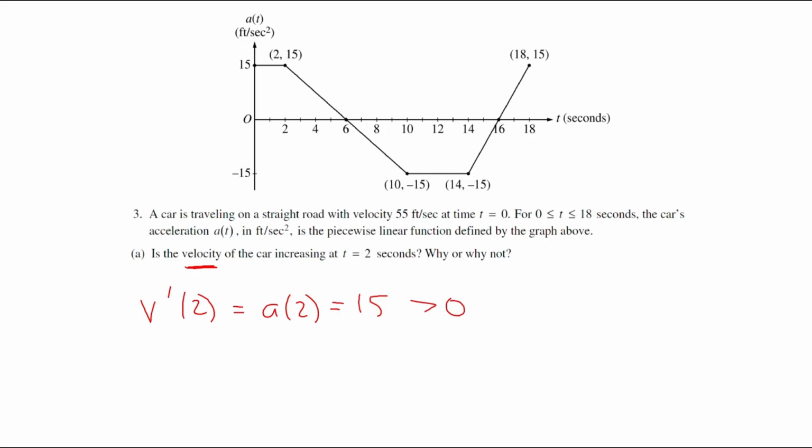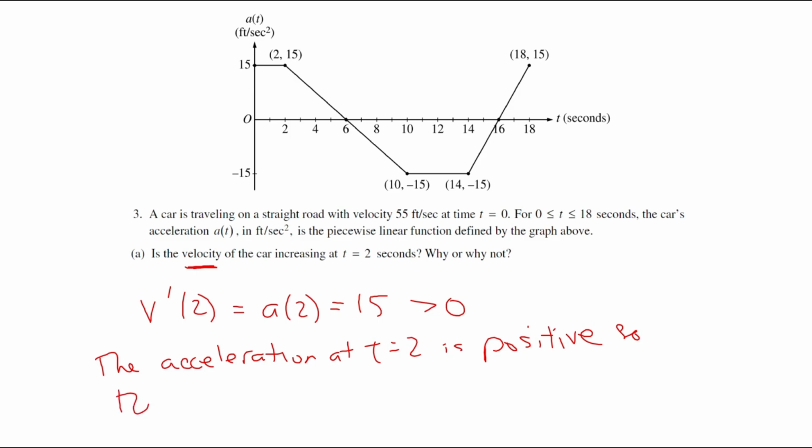Well, 15 is greater than 0, so we can say the acceleration at t equals 2 is positive, so the velocity is increasing. And they just gave you 1 point for that.